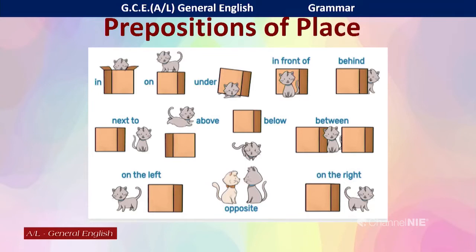The kitten is on the left of the box. There are two kittens here. They are sitting facing each other, that means they are opposite to each other. In the last picture, the kitten is on the right of the box.